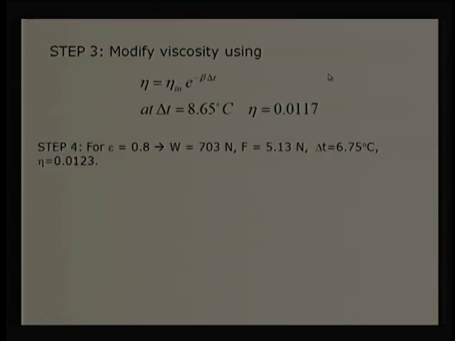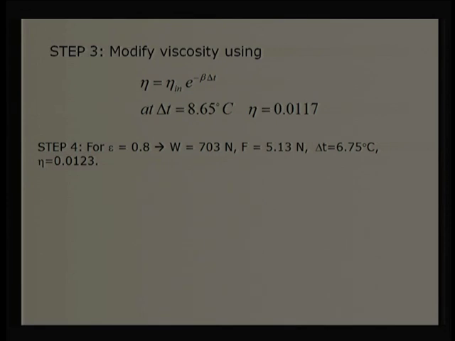Now, once we know the temperature rise, we can use this to find the operating viscosity. Viscosity is defined with eta in already known, beta defined, and delta T we calculated, which gives viscosity as 11.7 millipascal second.